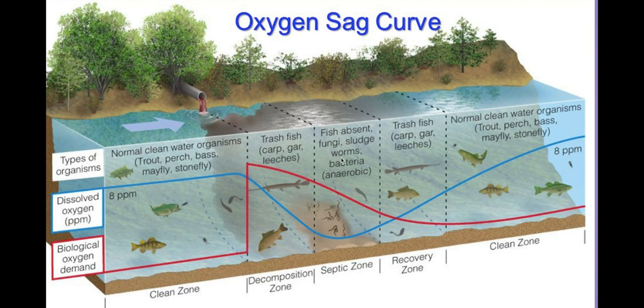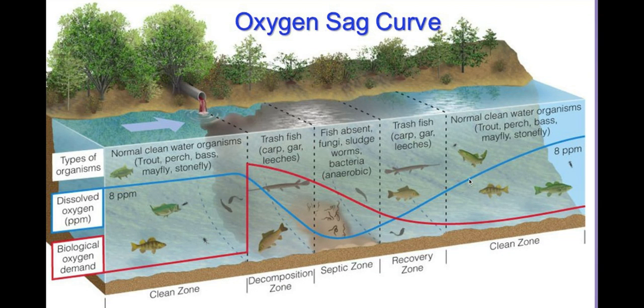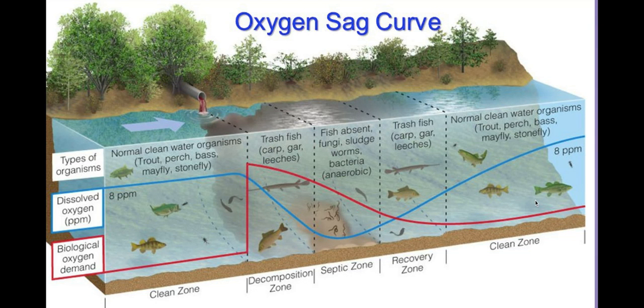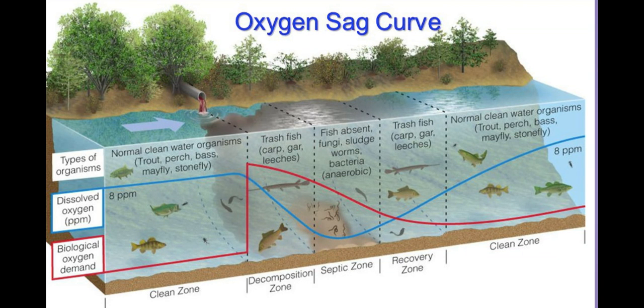Once I pass that level, I'm going to start seeing a regular or normal number of species again, according to my amount of dissolved oxygen. The more dissolved oxygen I have, the more of the species I used to have come back, and my BOD goes down, which means I have enough oxygen to help my species survive. That would be my clean zone. The recovery zone is like the middle zone between my BOD and my DO.